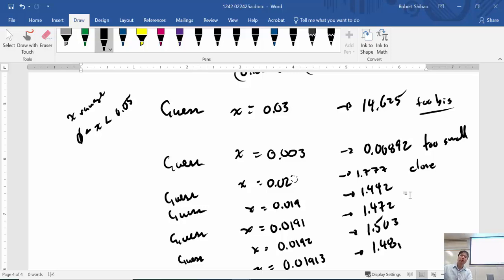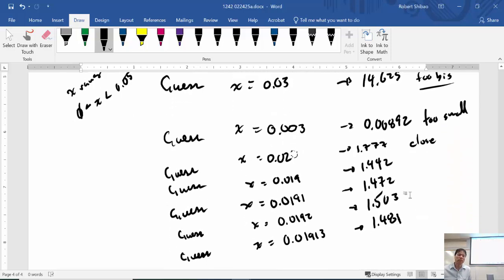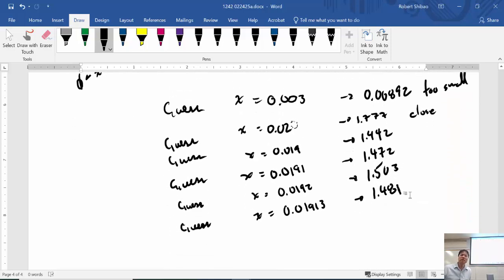So I got 1481. Should we try to get 1480? No, because of this, we just needed to round to this. I'm only doing 3 sig figs here because it was like a 147, or what was it? No, 2 148s and a 149. So it's slightly bigger than 148, the average that we used. And so this is enough.